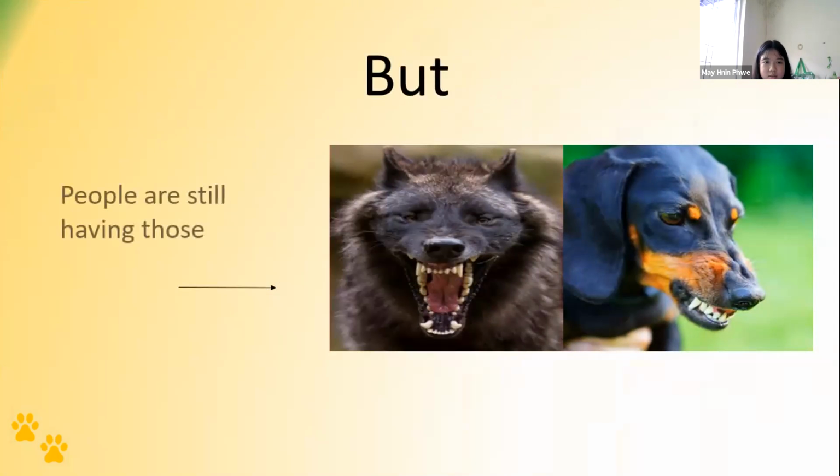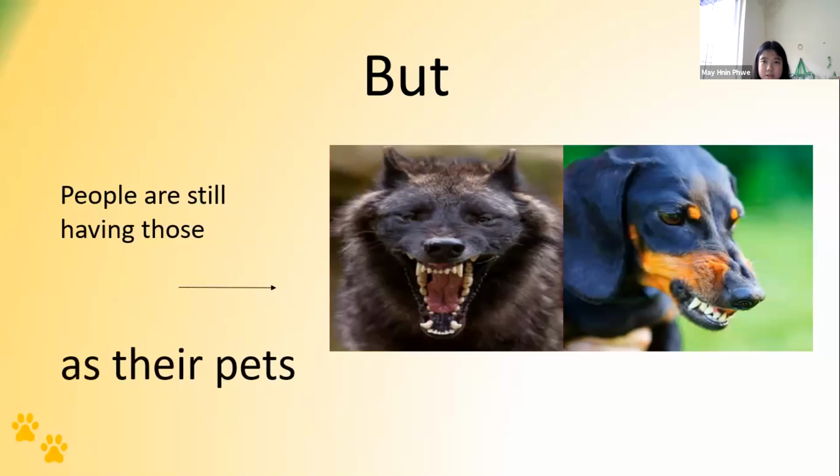Even so, people are still keeping those as their pets. Can you imagine how dangerous this situation is? In addition, one of my friends was bitten by a dog and injured seriously, so she had to get injections 4 times, and it cost extra money. The most terrible thing is that it took a really long time to recover.